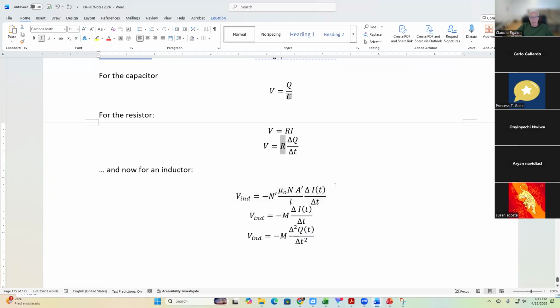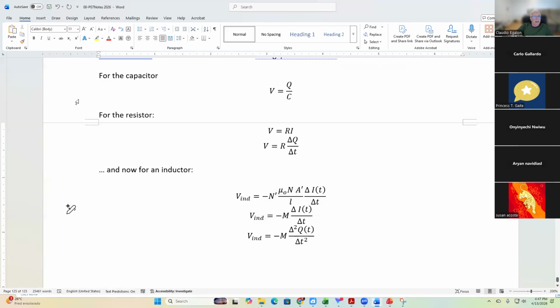The capacitance is a function of the geometric parameter of the capacitor. The resistance is a function of the geometric parameters of the resistor. And the mutual inductance is also a function of the geometric parameters of my inductor. We have an area here, we have a length here, and then we have the number of turns that you get, okay?